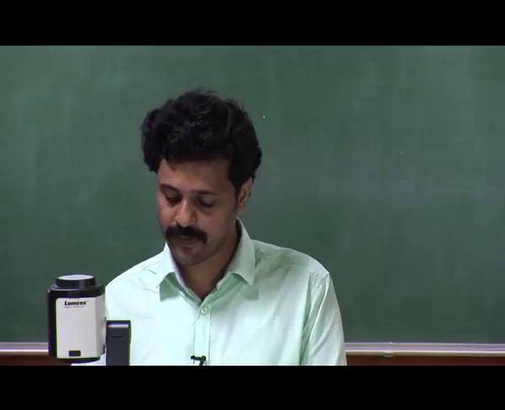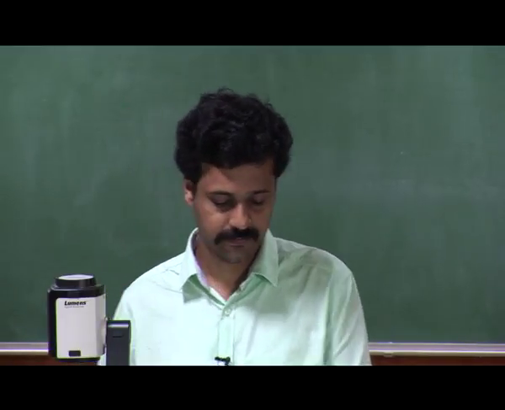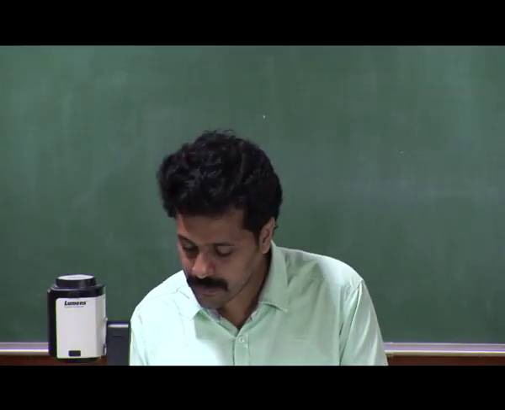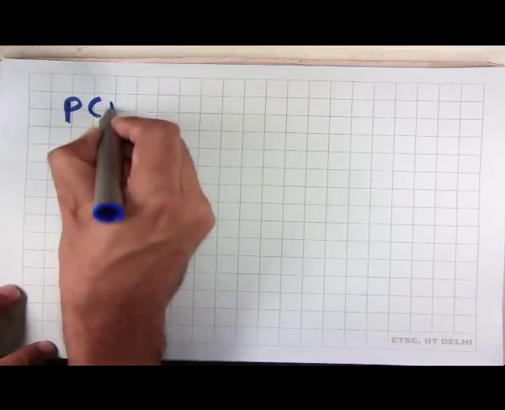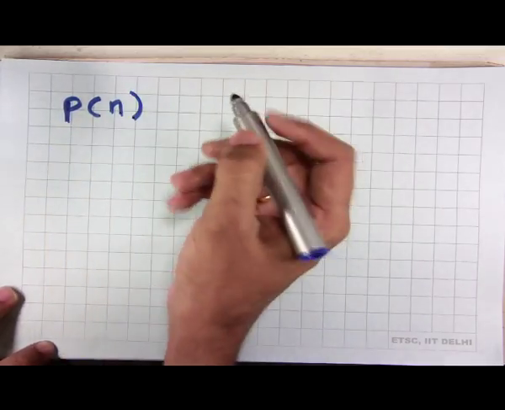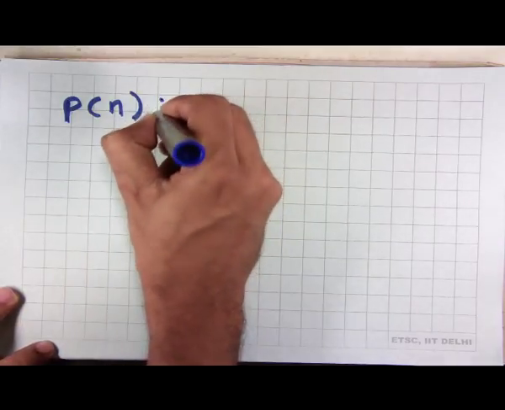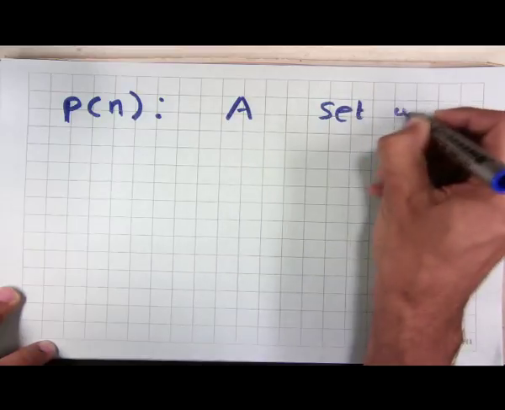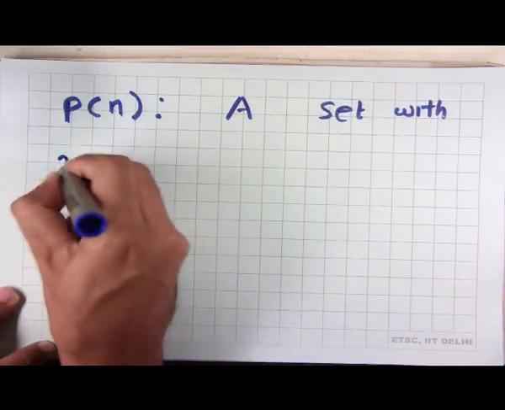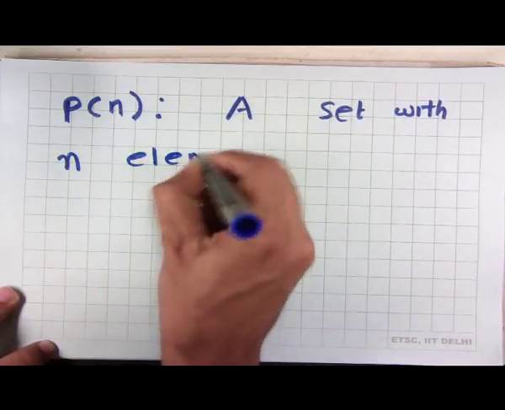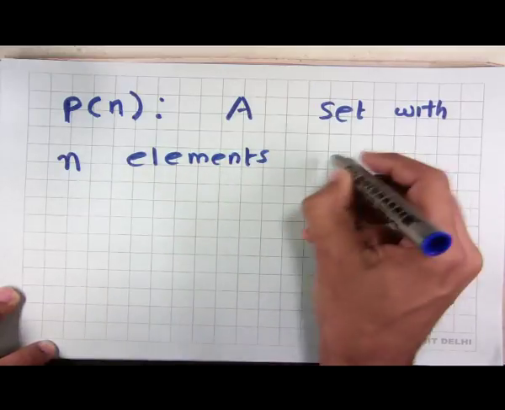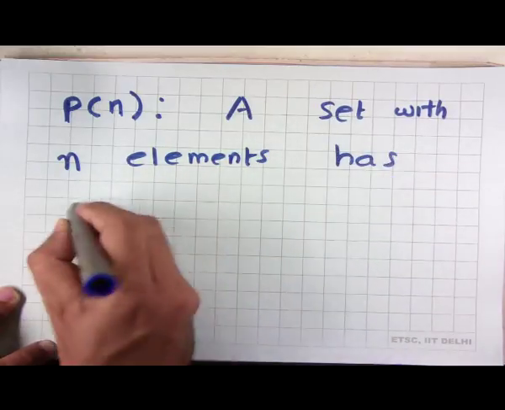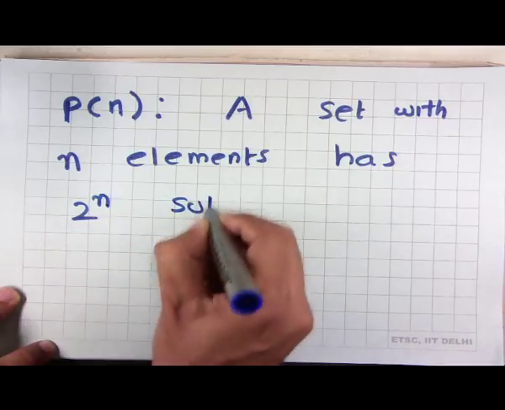Let us try to employ mathematical induction here. To start with, the given statement let me call P of n. P of n is the statement that a set with n elements possesses 2 power n subsets.